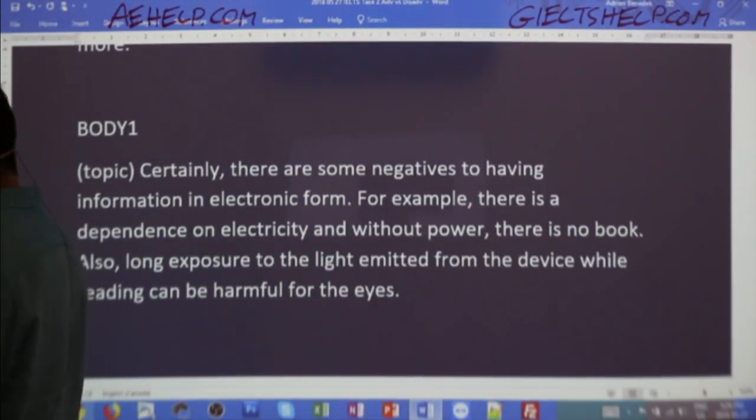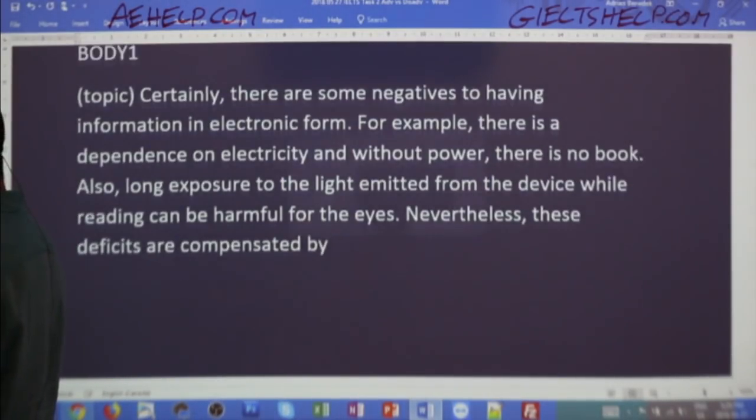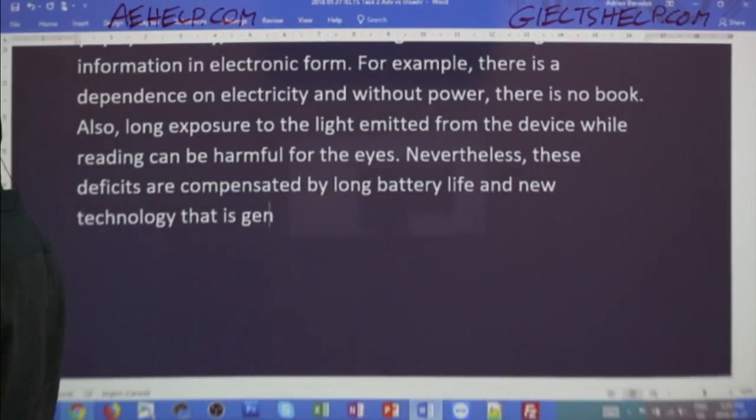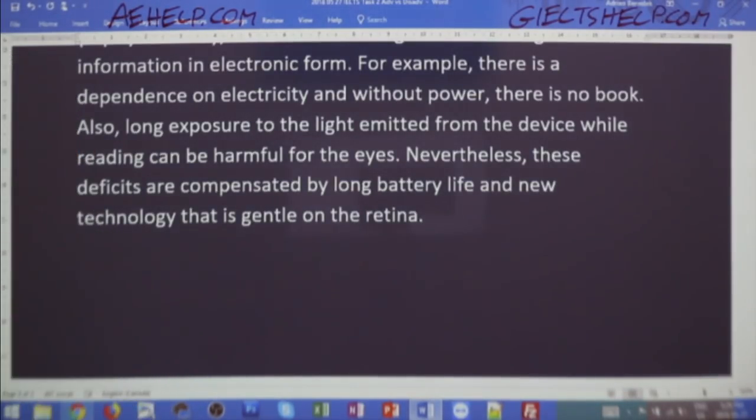Nevertheless, these deficits are compensated by long battery life and new technology that is gentle on the eyes. Or if you know the word retina, then that's great to show your vocabulary there. Okay?